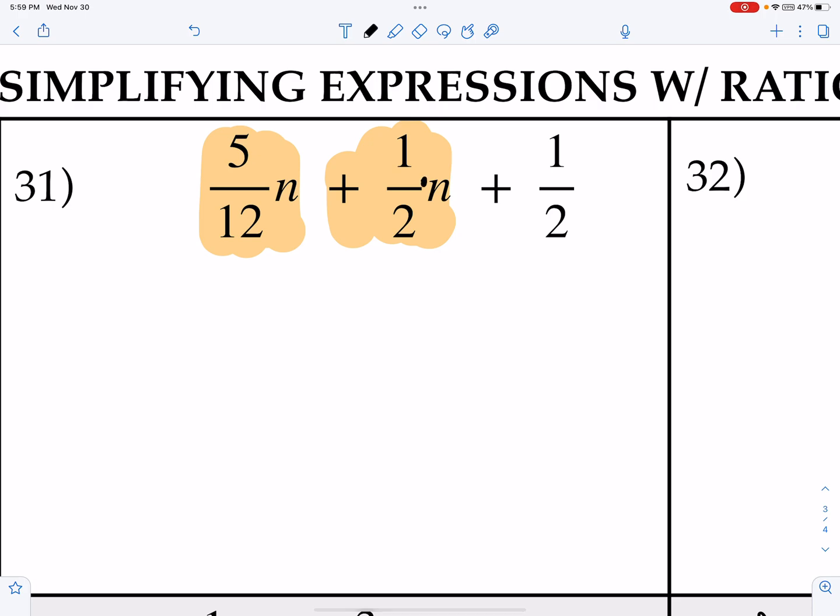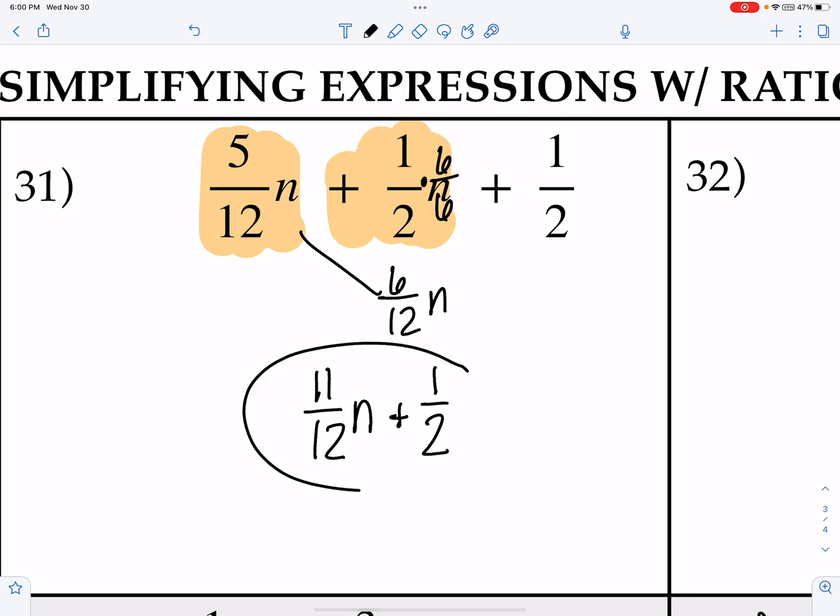Need to make like denominators, so times 6 over 6. And I get 5/12 plus 6/12. When I join those together, I end up with 11/12 n plus 1/2, and we're done.